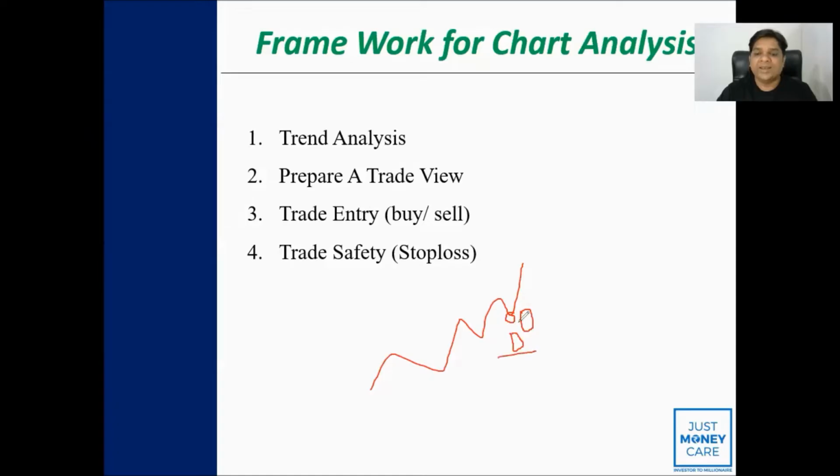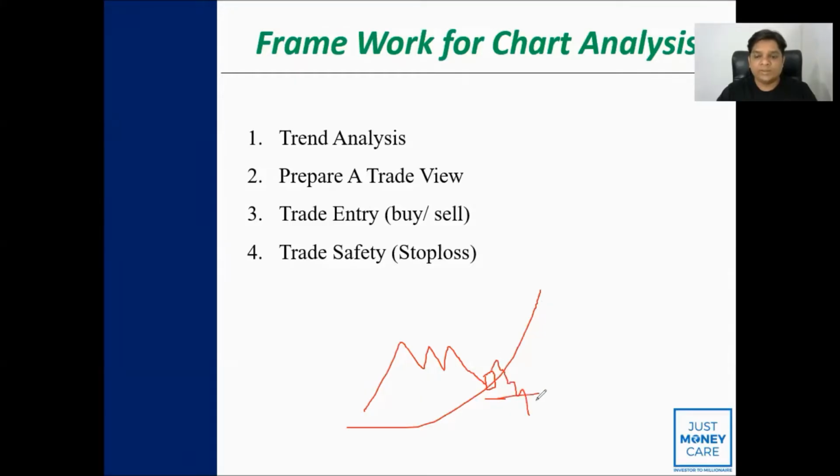Very minimum stop loss, because your trend is up and stock price is coming to your support zone. So we are assuming the trend will resume from this level. We have entry at the support zone, and we have stop loss below this support zone. So when my view goes wrong, I will be out by this area. This is my trade safety, trade stop loss.